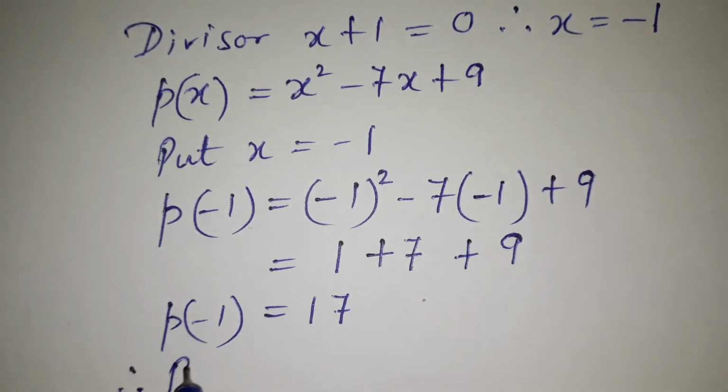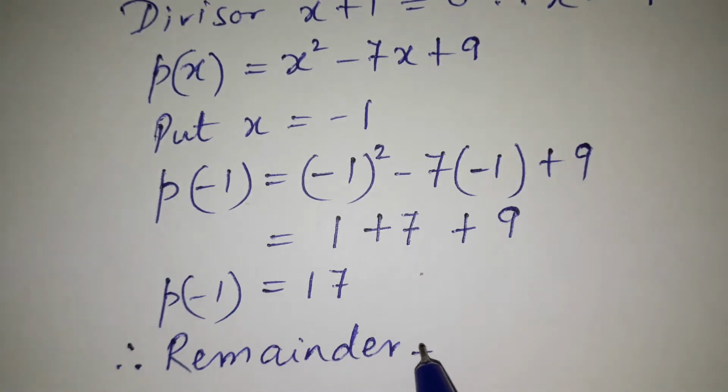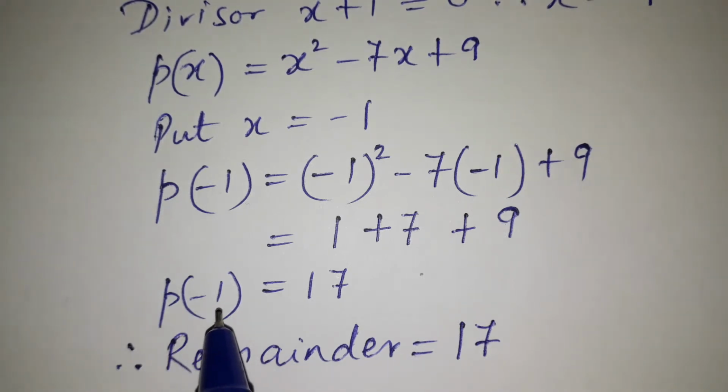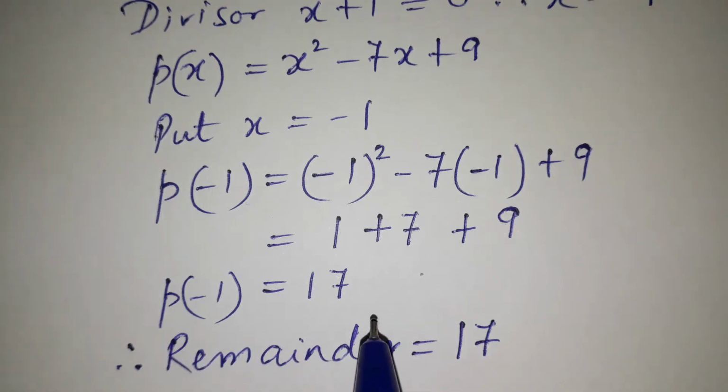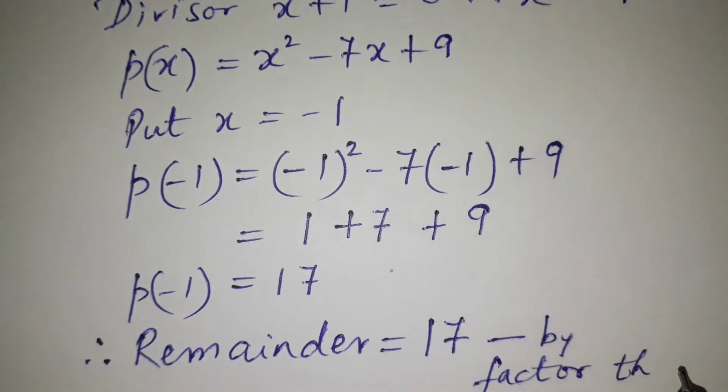Therefore, remainder is equal to 17. Here p of minus 1, the value of the polynomial when x is equal to minus 1, equal to 17, will be the remainder by the factor theorem.